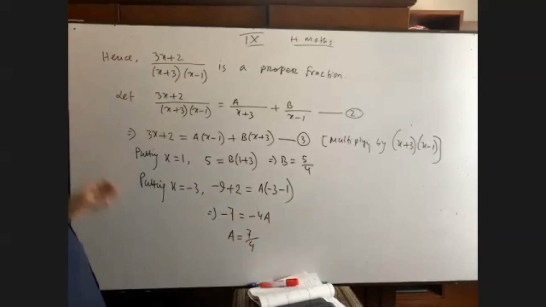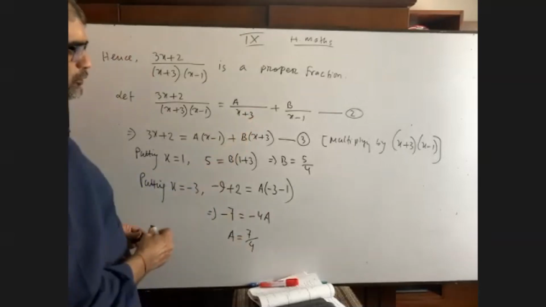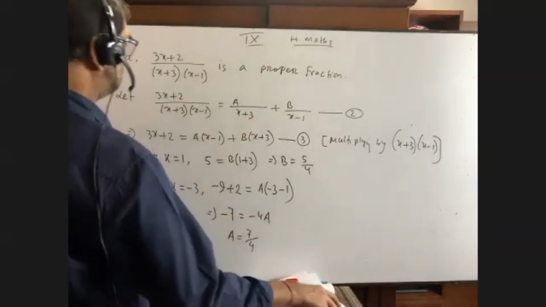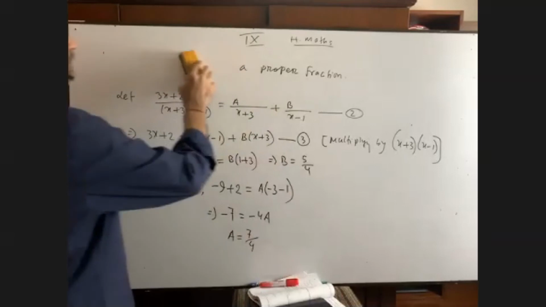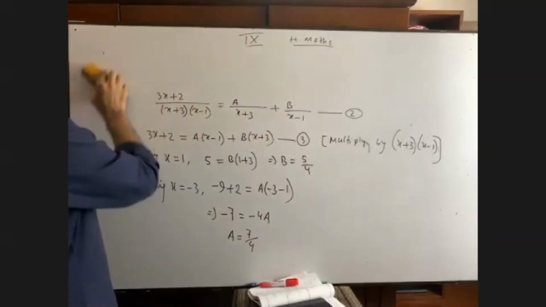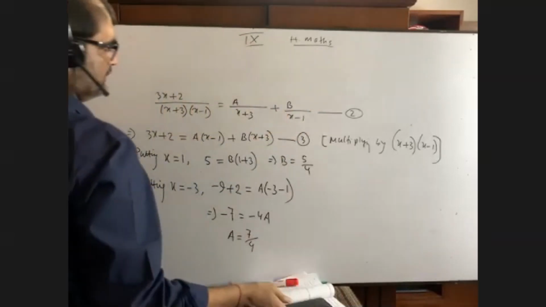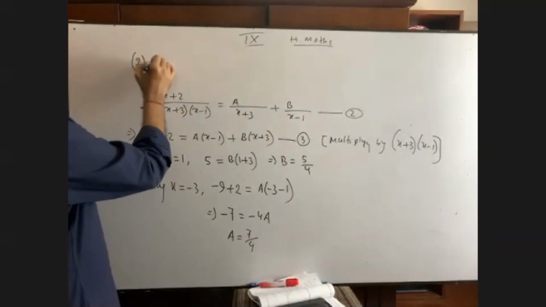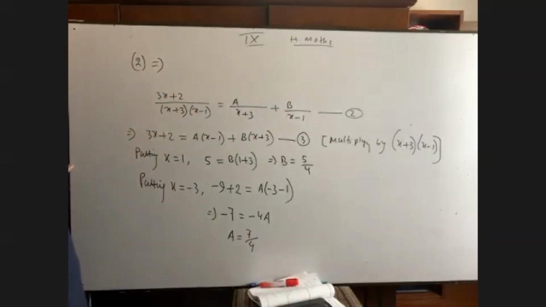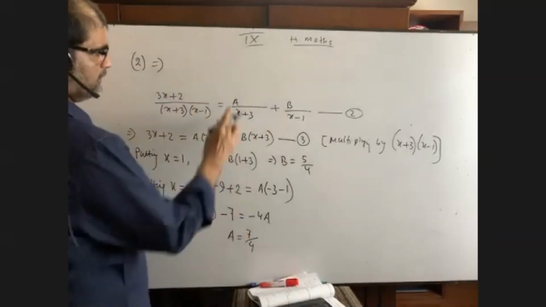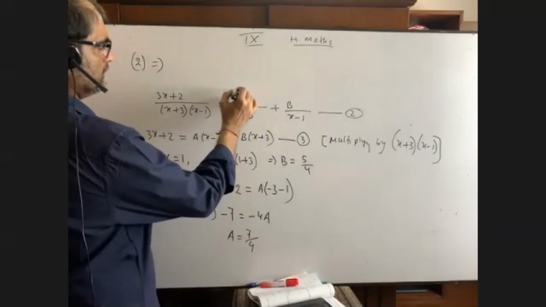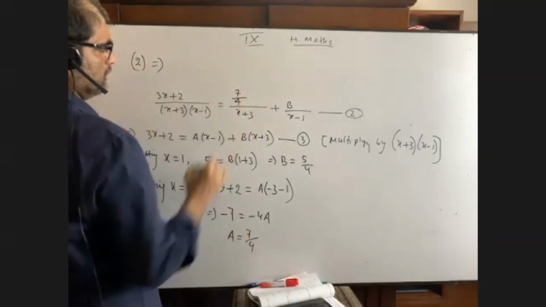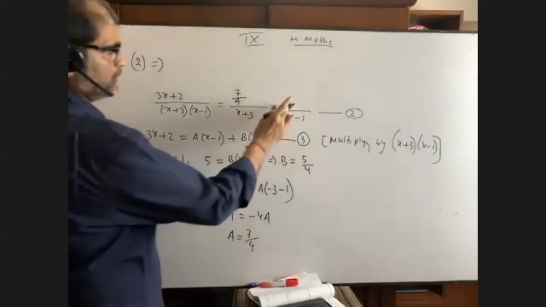Why did we introduce a and b? We introduced a and b in 2. So you have to go to 2 directly. Therefore, write down 2 implies that the value of a is what? 7 by 4. You write down 7 by 4. Value of b is 5 by 4.